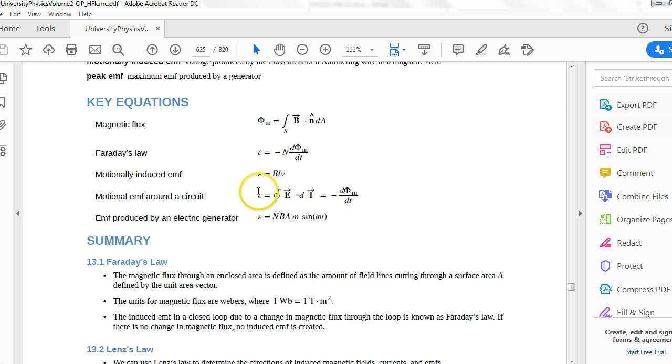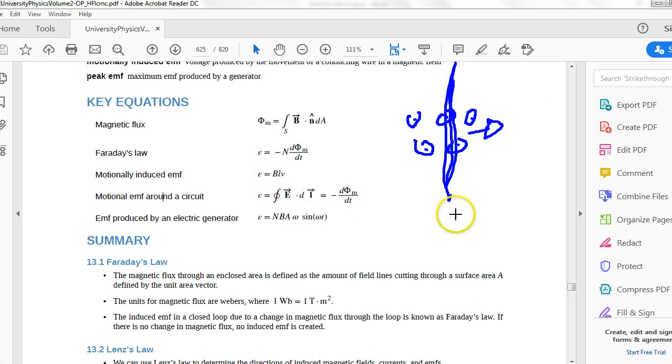Another instance of EMF that we could actually measure around the NMR is if we've got a magnetic field, and let's say this magnetic field is coming up out of the page here. Let's pretend those little circles with dots in the middle indicate it's coming up out of the page. And I've got some piece of metal or bar that I'm moving in this direction, then that induces an electromotive force along the length of that bar.